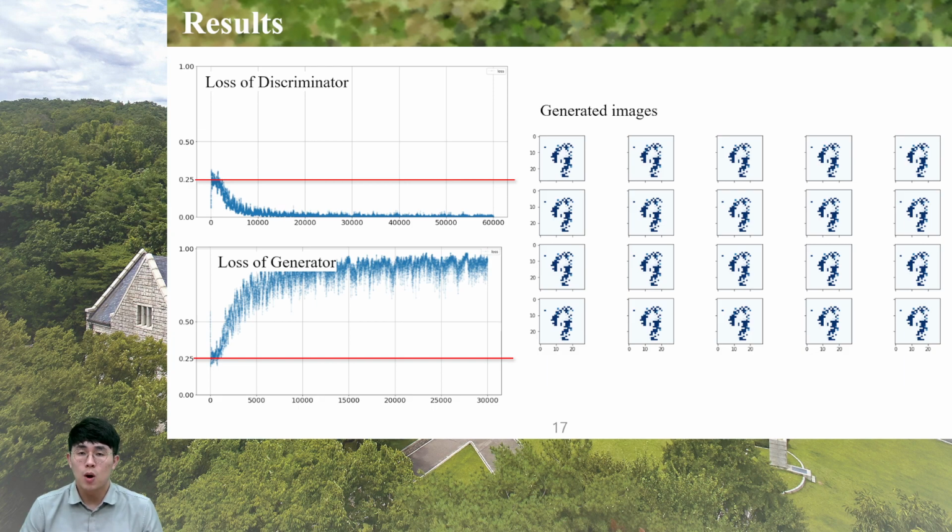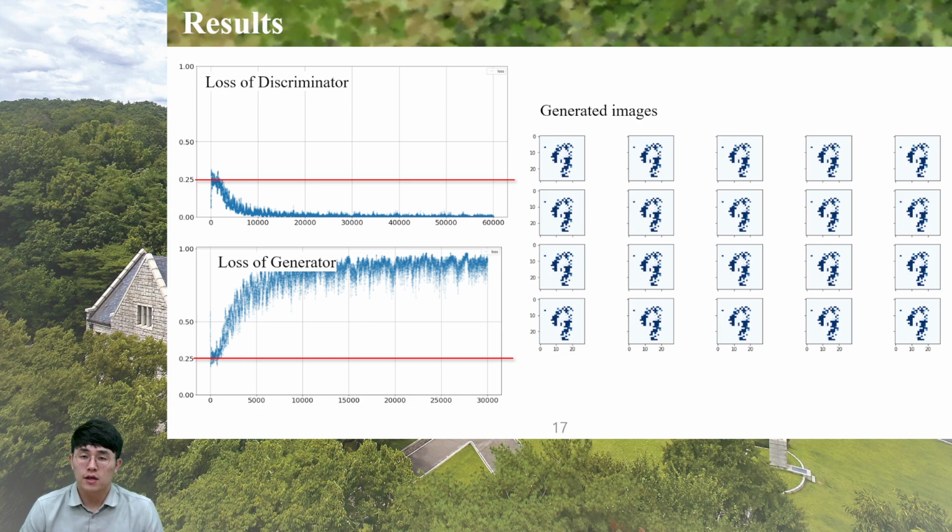First, the upper left graph displays the value of the discriminator's loss during training. The red line represents the value that should converge when properly trained. At first, there is a 0.25 spike indicating that the discriminator and generator are being trained in balance.